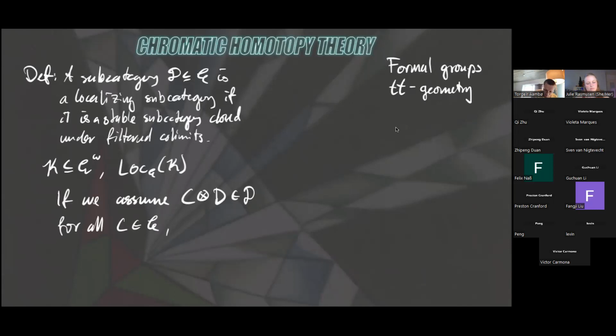Then we call D a localizing ideal. And the localizing ideals inherit symmetric monoidal structures from the category C. So if we have a localizing subcategory, then we also have a symmetric monoidal structure on this category.